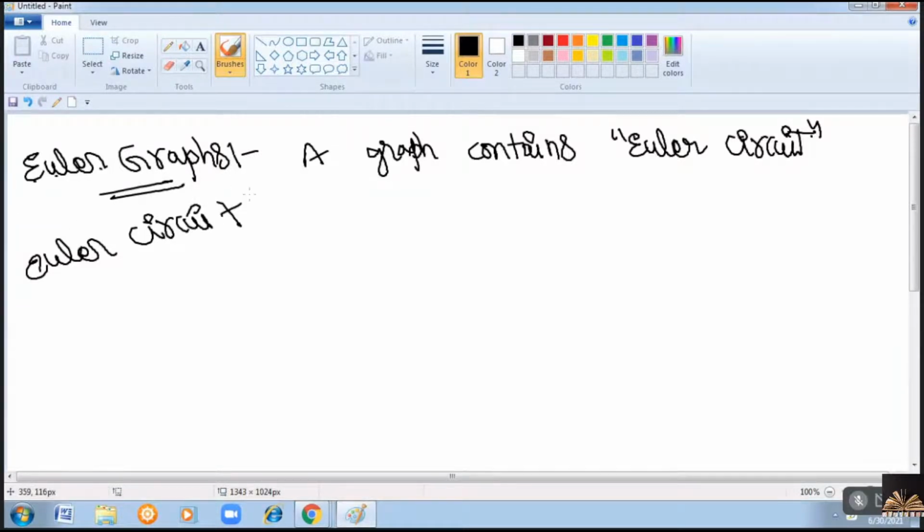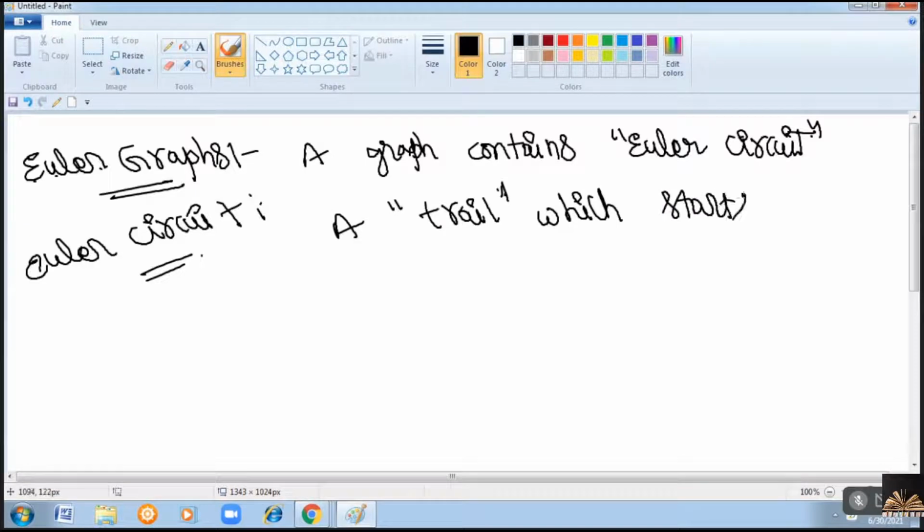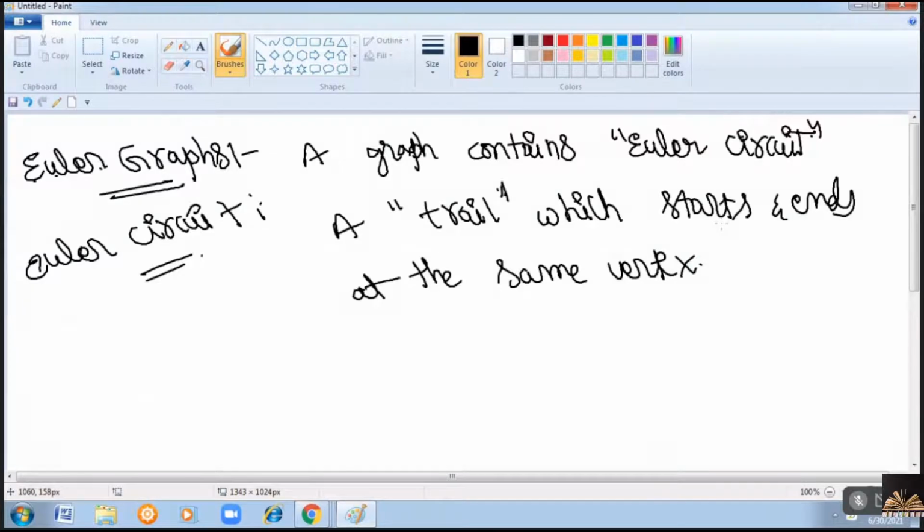Euler circuit means a trail, and we'll tell you what a trail is, which starts and ends at the same vertex. A trail which starts and ends at the same vertex.